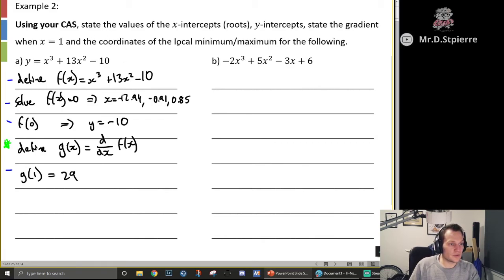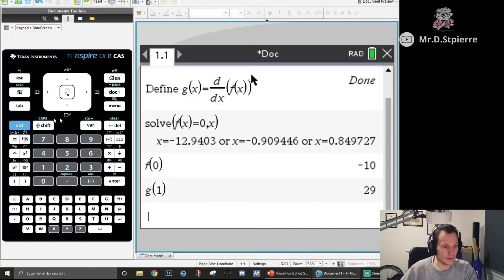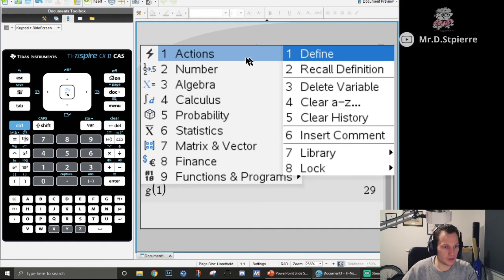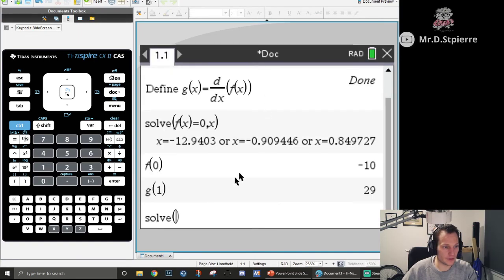And the coordinates of the local minimum and maximum. Okay, so the local min and max are going to be when the gradient is equal to 0. So we're going to solve the gradient g of x equal to 0. Menu, algebra, solve.